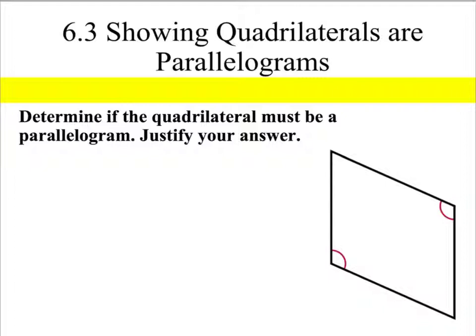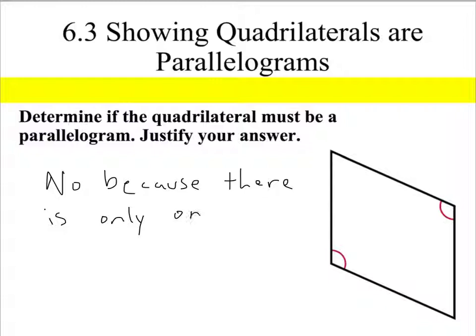All right, so when you look at this, we know that one pair of opposite angles are congruent. What else do we know? Nothing. We don't know anything else. According to our conditions that we had earlier, we needed both pairs of opposite angles to be congruent for it to be a parallelogram. So is this a parallelogram? No, because there is only one pair of opposite angles congruent.